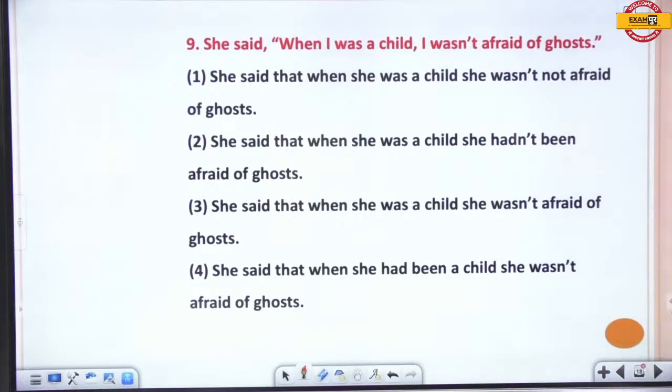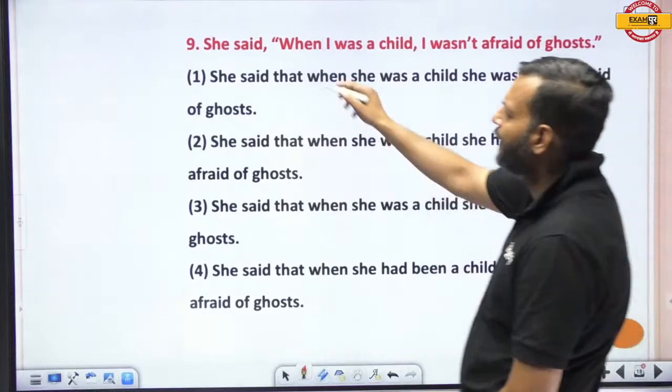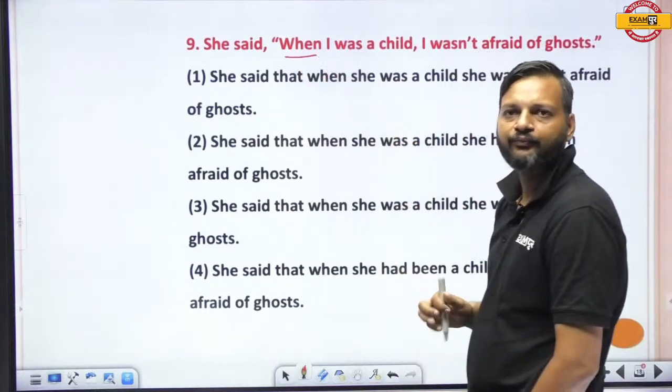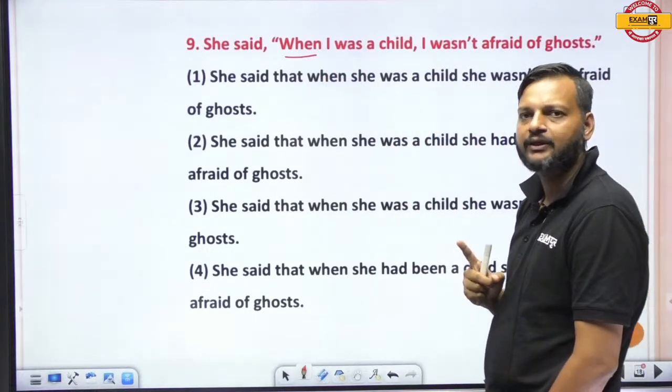Question number 9. She said, when I was a child, I wasn't afraid of ghosts. She said that. Now, here when is not an interrogative pronoun. It is a subordinate conjunction.